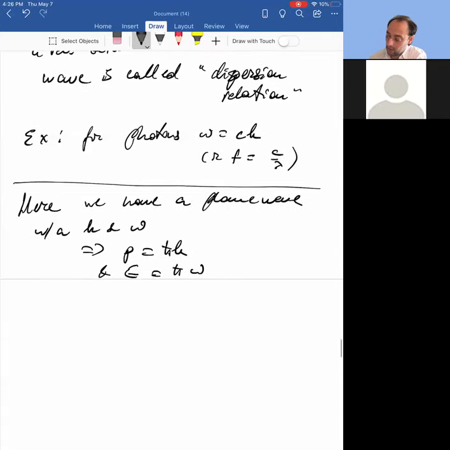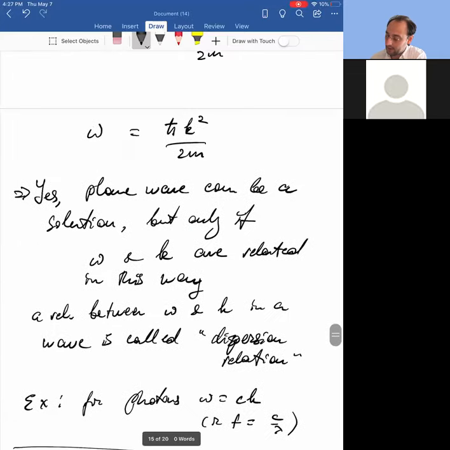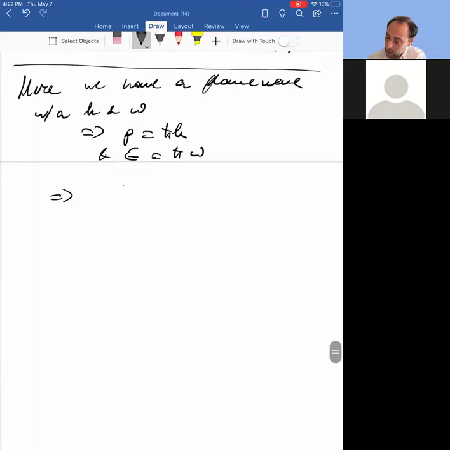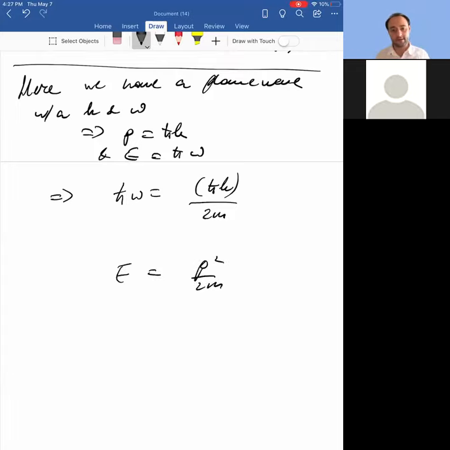And so you will realize that if I multiply both sides by h bar, I have h bar omega equals h bar squared k squared over 2m. And you say, oh, this is E equals p squared over 2m. Now we brought a little bit of sanity back. This is just a relationship between energy and momentum of a classical free particle.